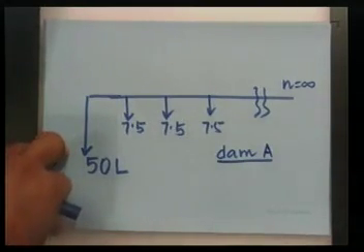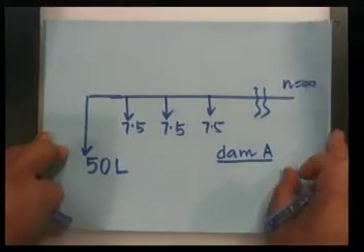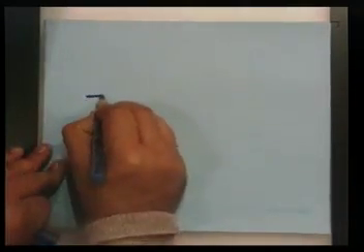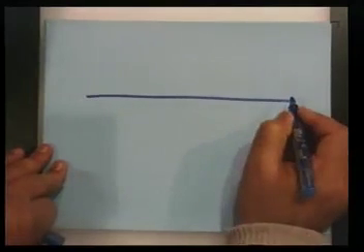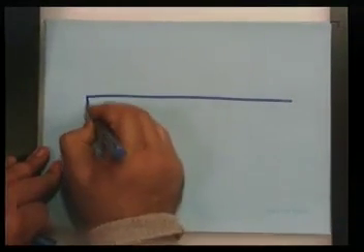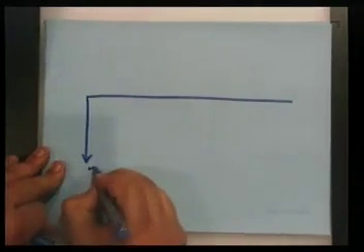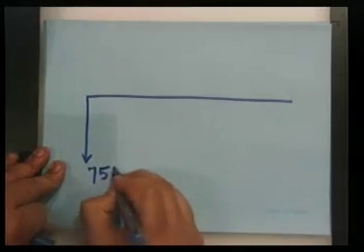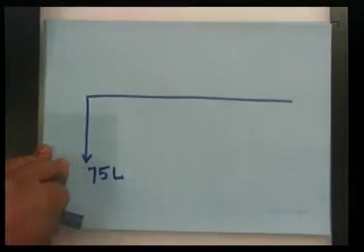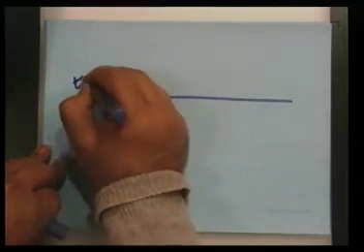In the same manner, we can draw the cash flow diagram for dam B. How would dam B's cash flow look? In the beginning, I have to spend more money. How much? I have to invest 75 lakhs, so I am writing 75 L. This is at time t equal to 0.